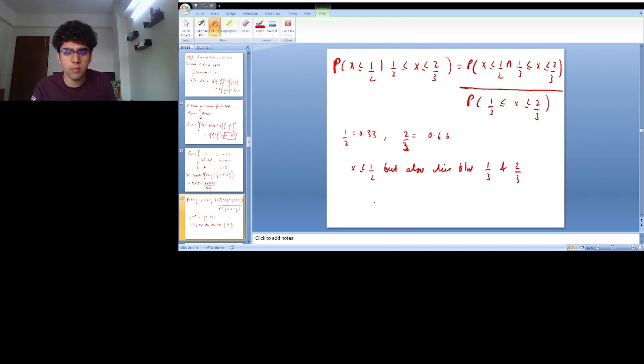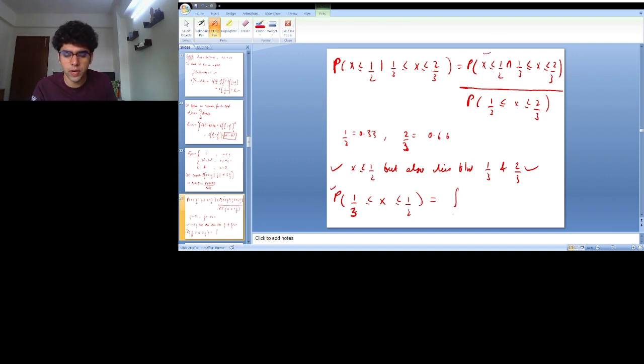This implies that my x should essentially lie between 1/3 and 1/2, right? So this will satisfy both of these statements. So my numerator gets reduced to this.